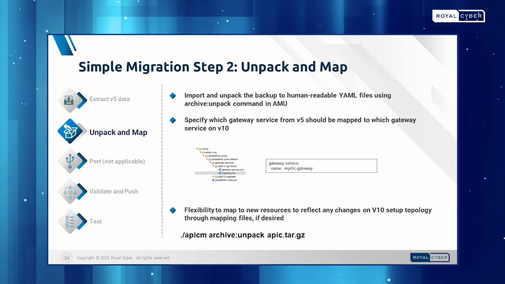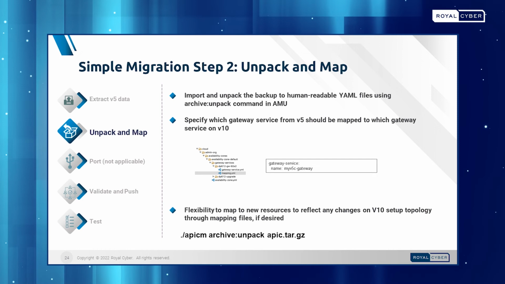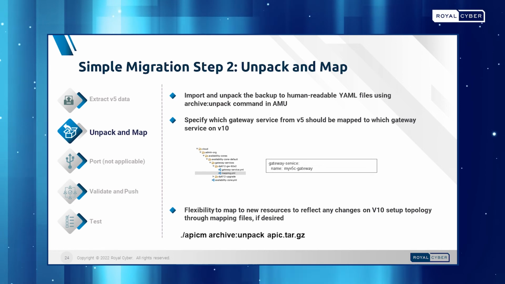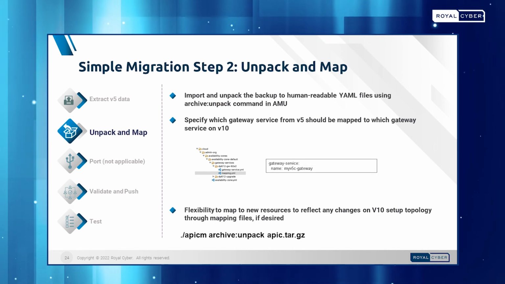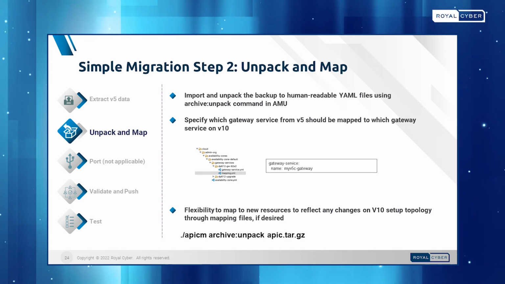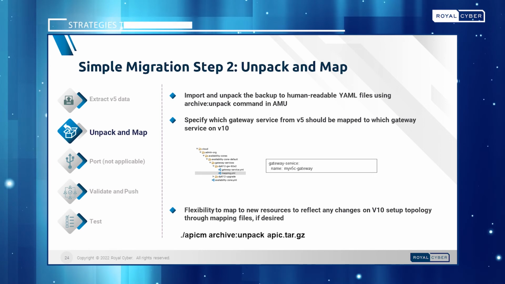And the command is shown down there. You can extract everything, or you can choose to extract just a provider organization, for which you'll have to provide extra options, like giving the organization name.